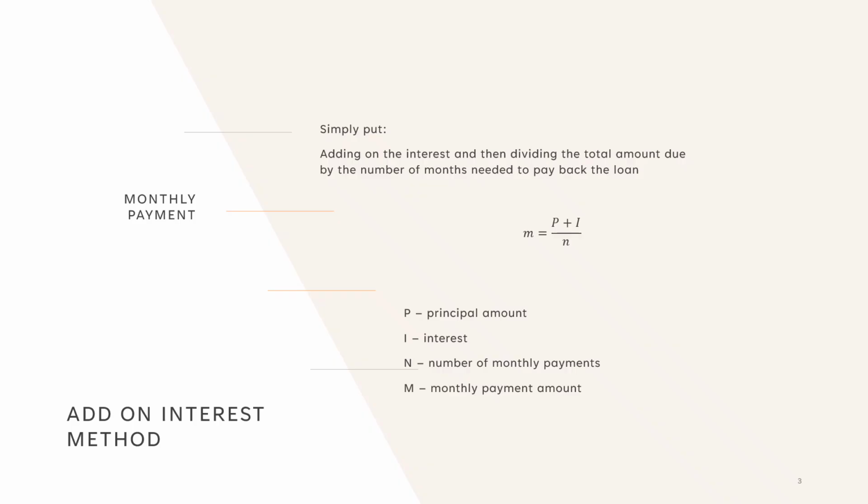If you watch the video on interest, we looked at calculating simple interest and then the total amount using the principal plus the interest. This is building off of that. So we are going to take our principal and add the interest to it, divide by the number of monthly payments we're going to make, and that gives us the monthly payment.